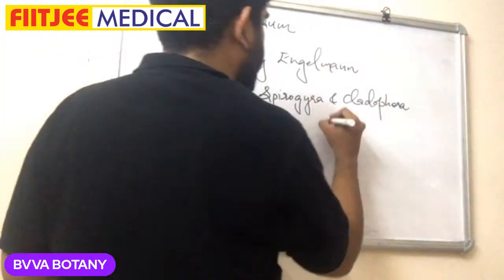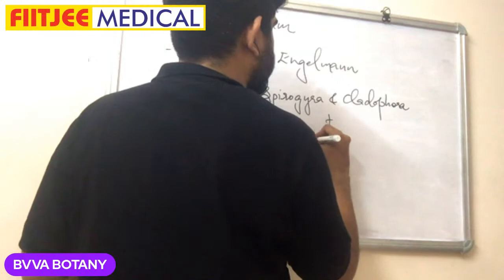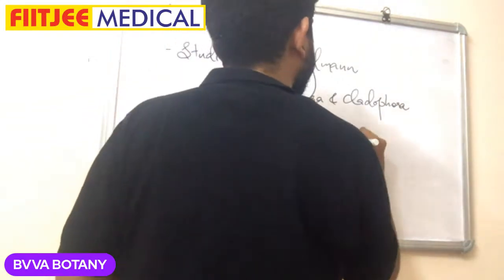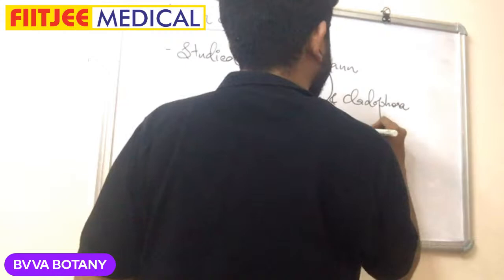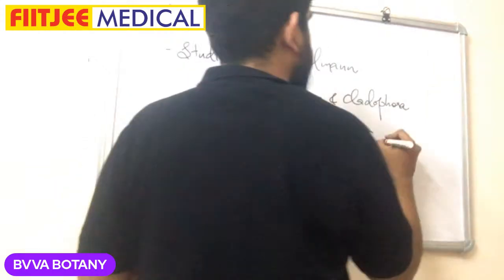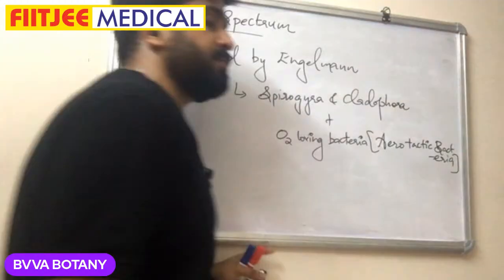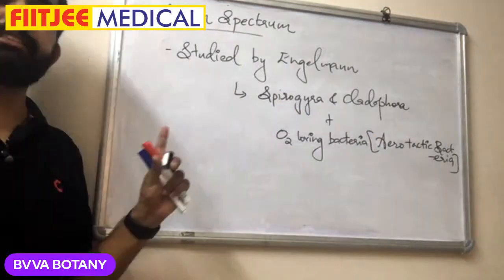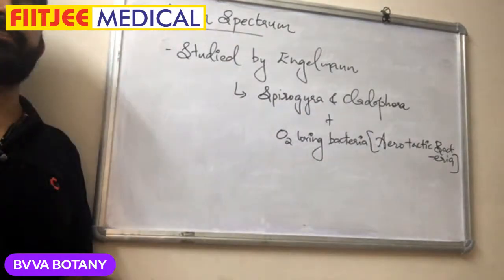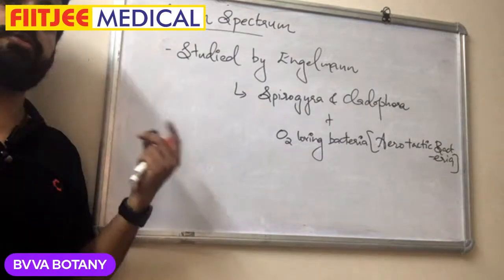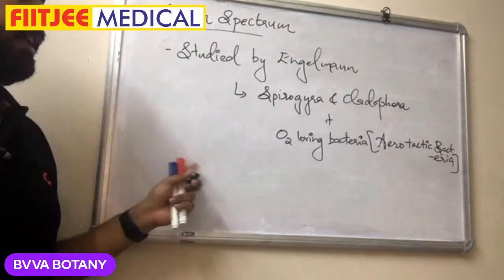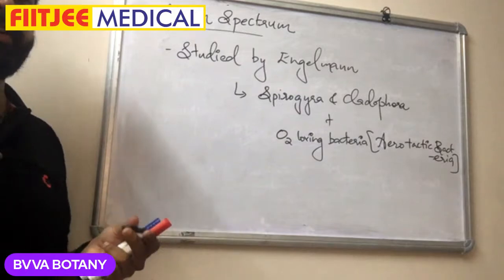Along with Spirogyra, he also took oxygen-loving bacteria, which we call aerobic bacteria. Oxygen-loving bacteria grow wherever maximum oxygen evolution is there.